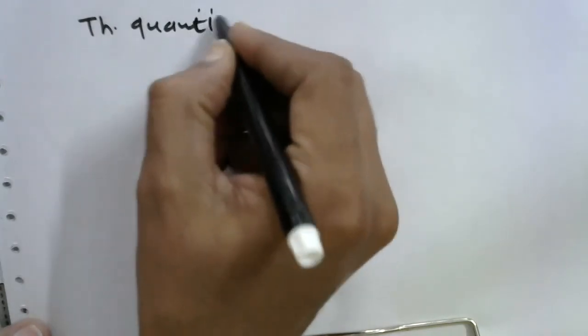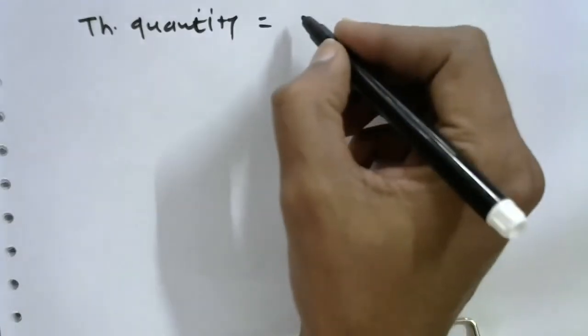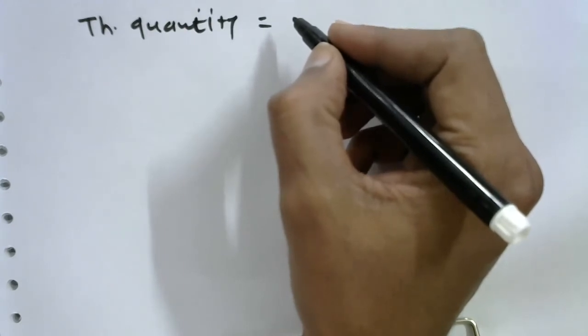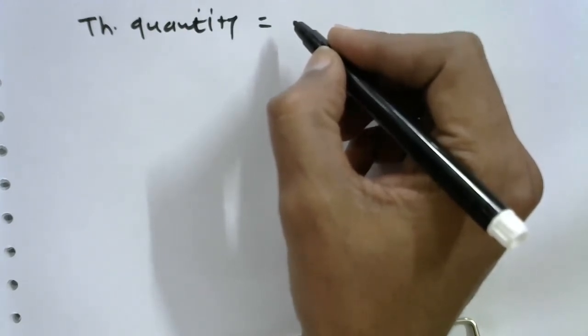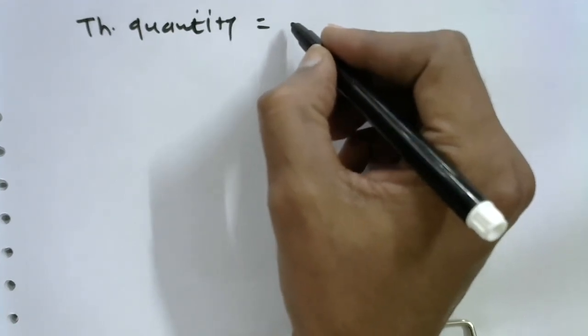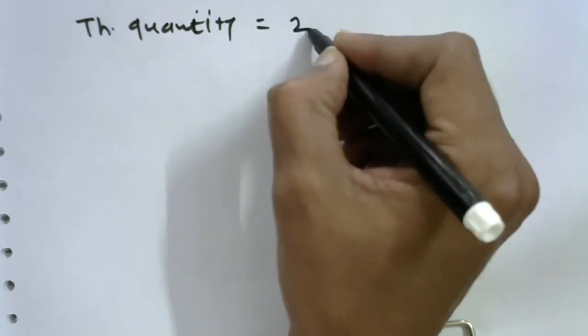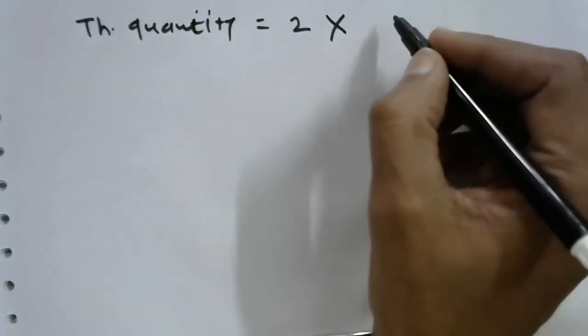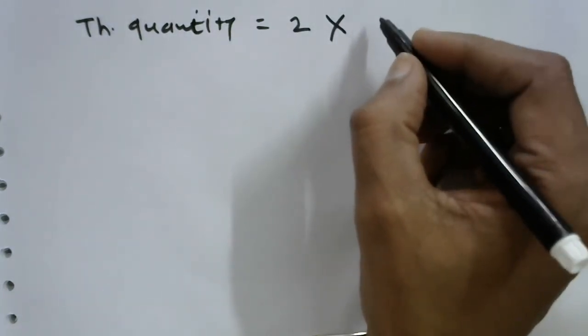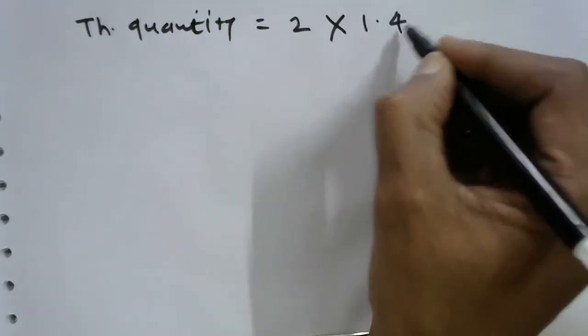Now these are the experimental findings. Now we have to compare these findings with the theoretical quantity of HNO3, and the theoretical quantity of HNO3 is calculated by multiplying the volume of HNO3 with the specific gravity of concentrated HNO3. The volume which we have taken for the experiment was 2 ml, and the specific gravity of concentrated HNO3 is 1.41.